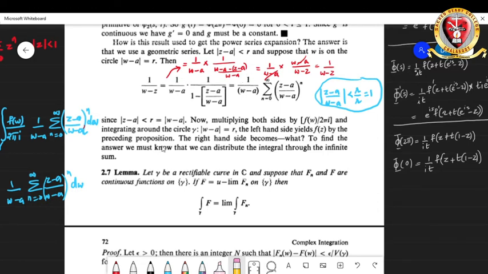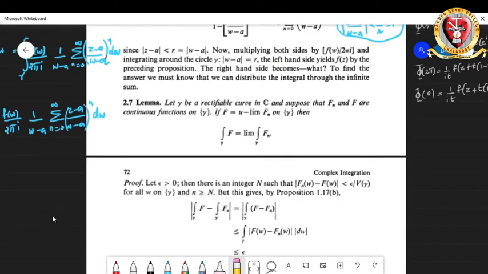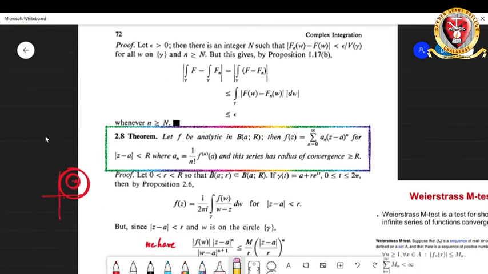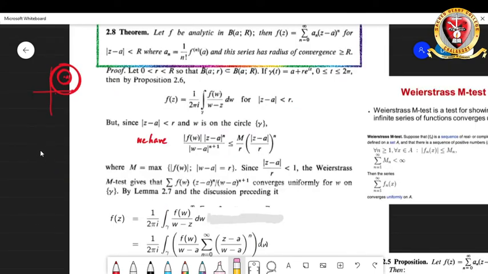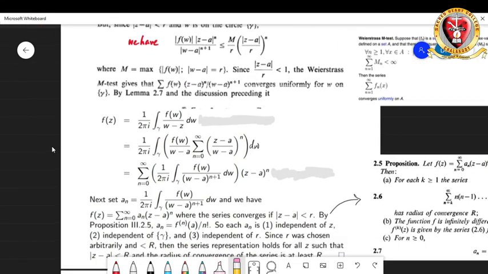You are going to substitute that here, because all the assumptions were satisfied while we were proving it. So instead of this 1 by w minus z, you are substituting its equal term, that is 1 by w minus a into the summation n equal to 0 to infinity of z minus a by w minus a the whole raised to n, dw.